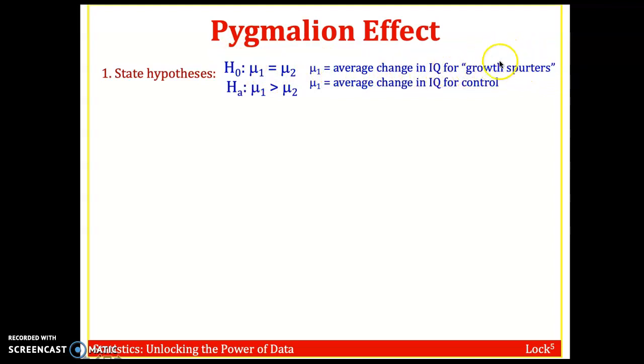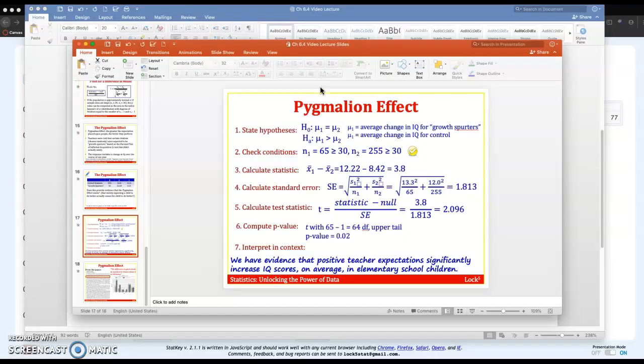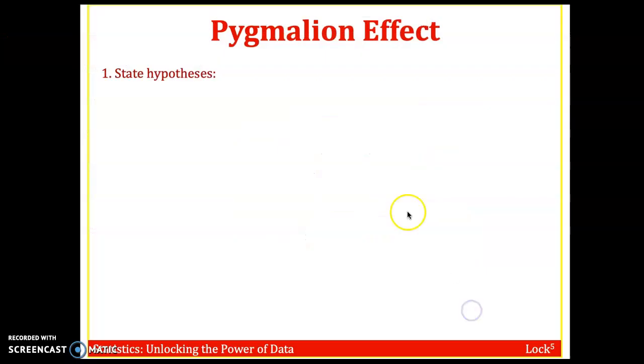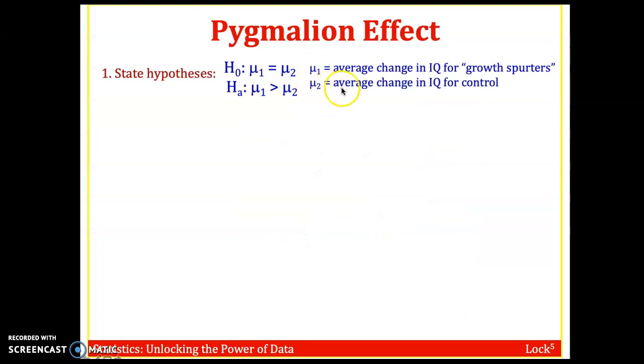Students that were told that their IQ is expected to grow. Sorry about that. So we have two groups here. Second group is mu2, the average change in IQ for the control group, the students that were not told that there would be growth spurters.